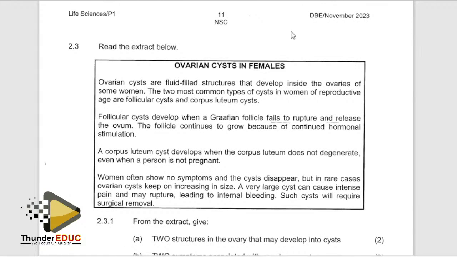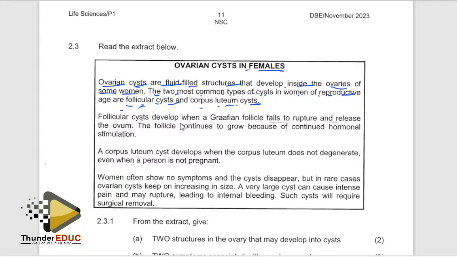The ovarian cyst. They are saying the ovarian cysts are fluid-filled structures that develop inside the ovaries of some women. The two most common types of cysts in women of reproductive age are the follicular cyst and the corpus luteum cyst.